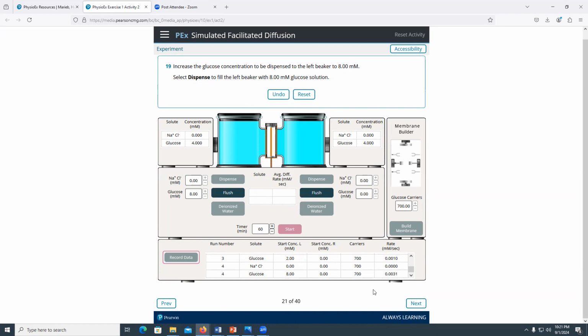In enzyme kinetics, the more substrate you add, the faster the reaction will be until all of the active sites of the enzyme have been saturated and we have reached Tmax, transport maximum.